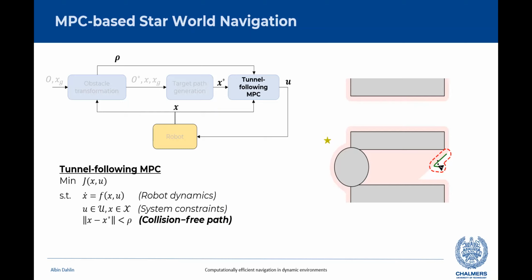And as long as the MPC solution results in forward motion along the target, we converge towards the goal since the target is generated in this star world. So replacing the obstacle-based collision avoidance constraint with a tracking error constraint also enables a faster compute time for the solver.